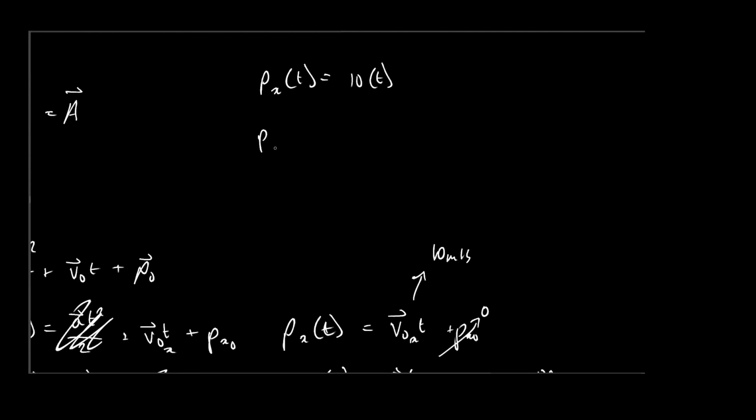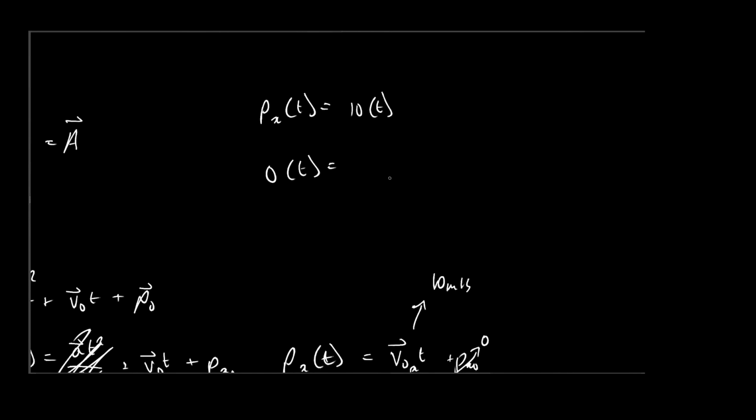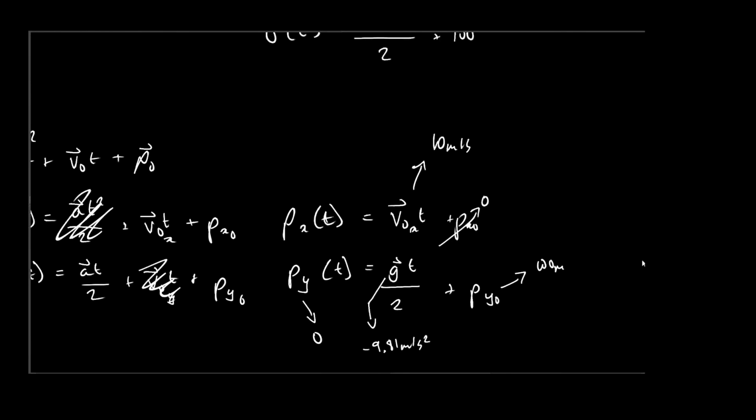Then here we have py of t is, oh no, wait a moment. It's 0 of t is g t, ooh, I'm not doing variables anymore. Negative 9.81 t squared over 2 plus 100. And those are equations that define these things.